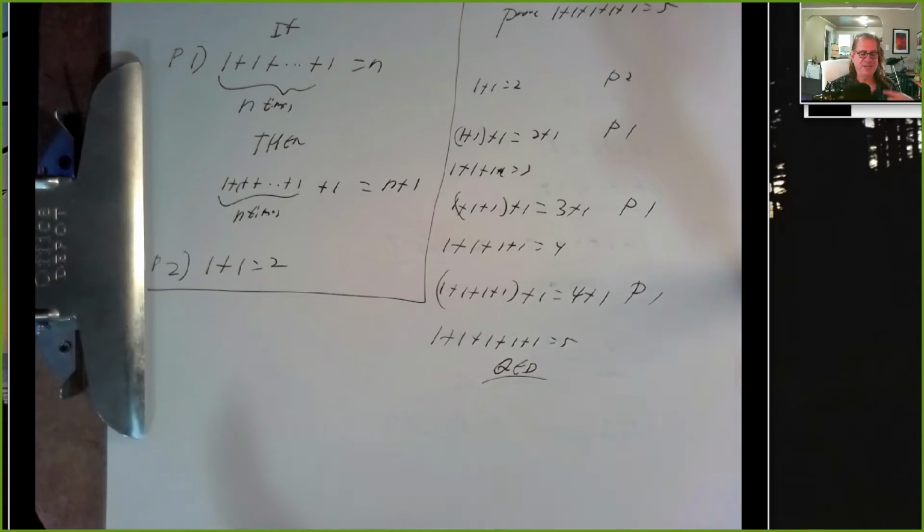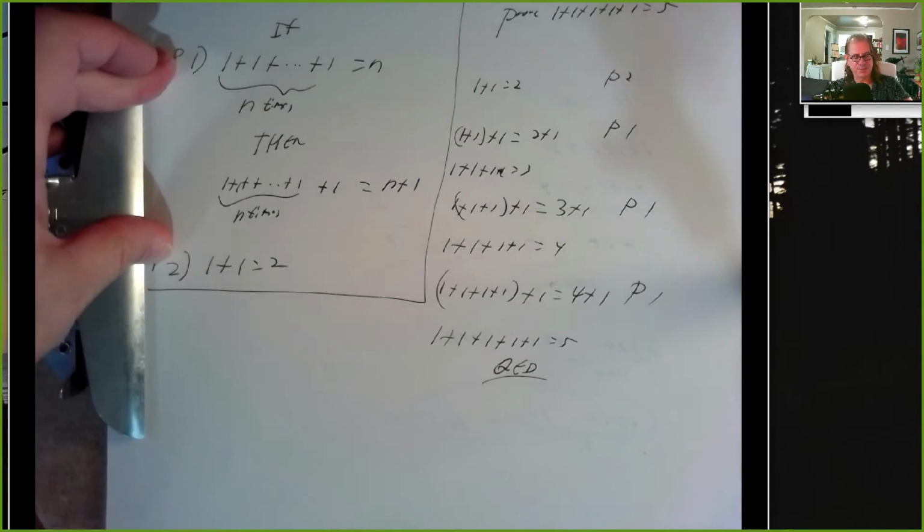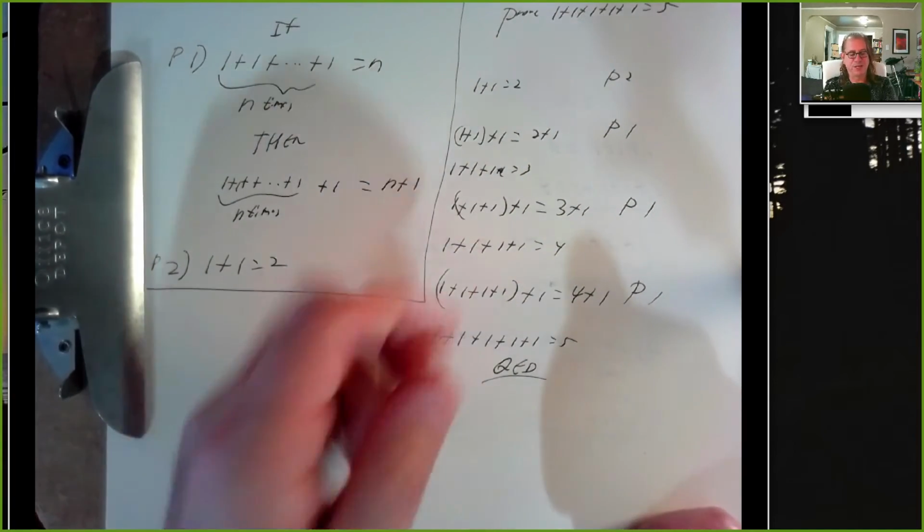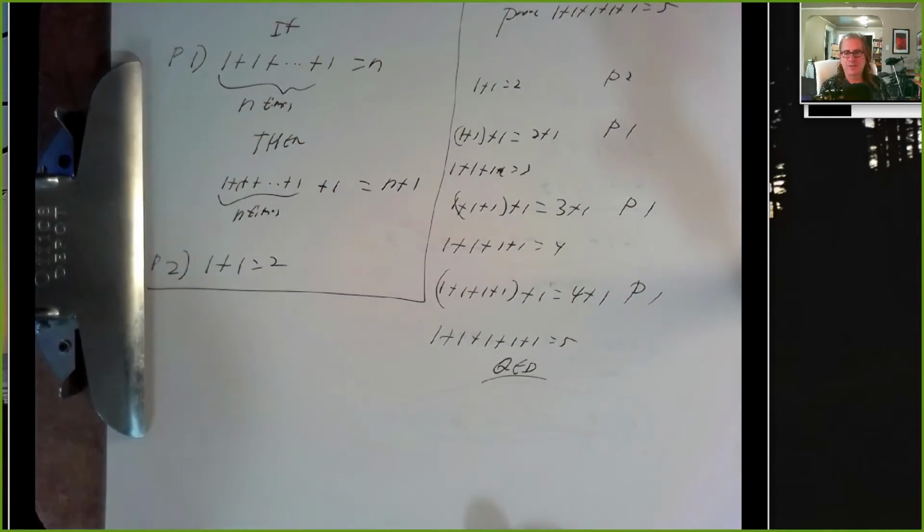So for any given n, if you want to show that the sum of 1,000 ones is equal to 1,000, I can do that by just using these two propositions and doing about 1,000 lines worth of work. Maybe 2,000 if I take 2 lines for each step. How do I prove the sum of 10,000 ones is 10,000?